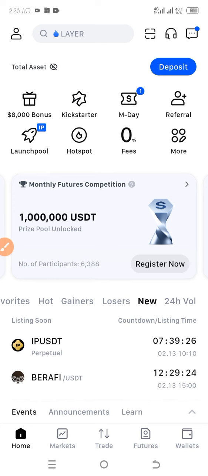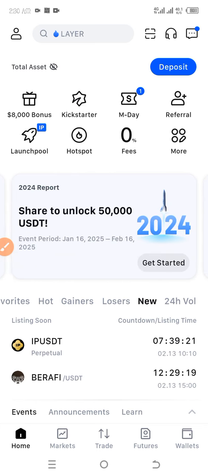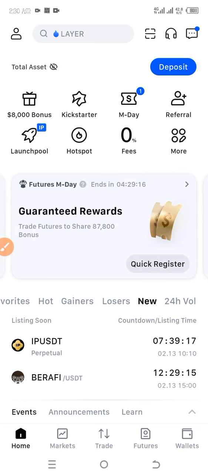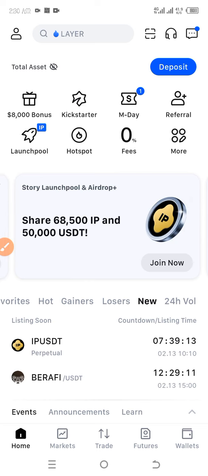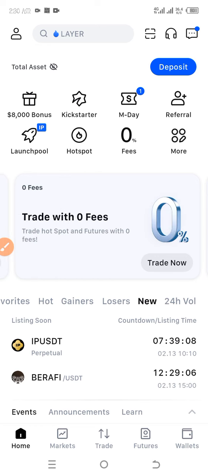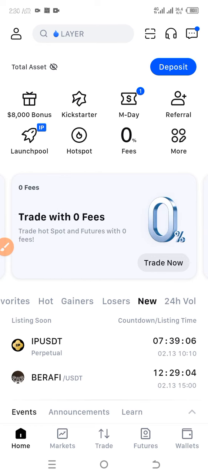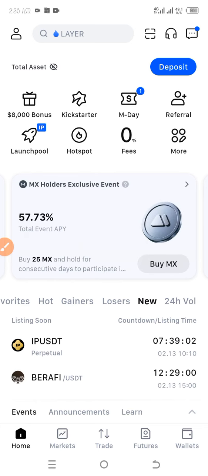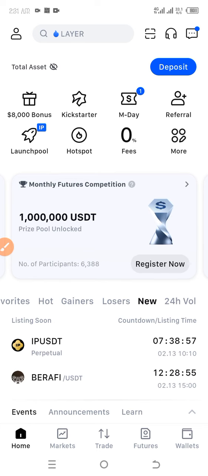But now some of the coins are listed the same day that these big exchanges list them. Still, some of these big exchanges don't list futures trading at that very time, but all these little exchanges that I just mentioned always include futures trading. That is why we are going to take advantage of futures trading.